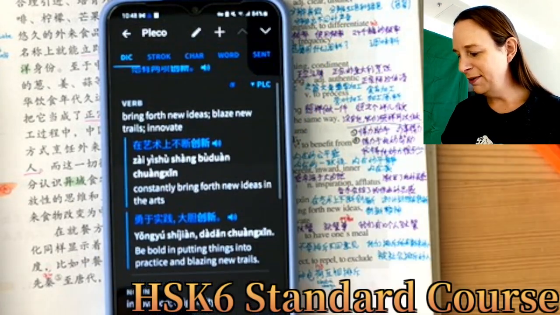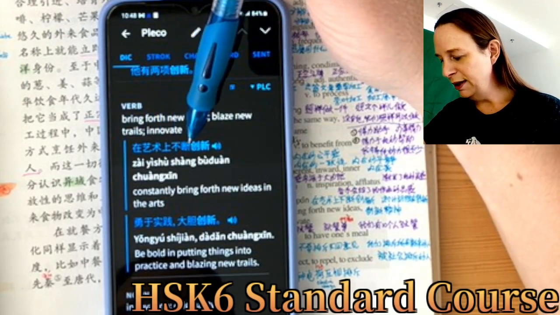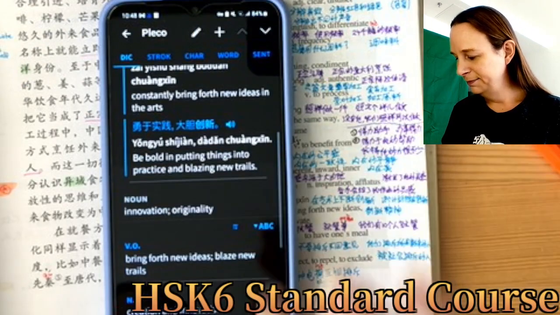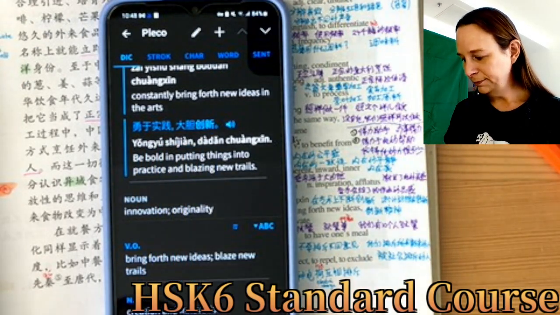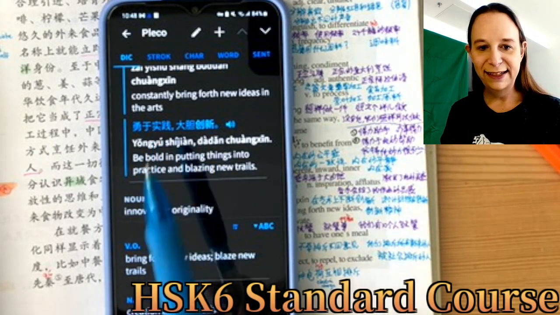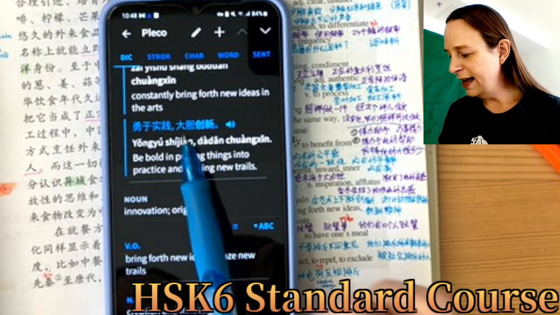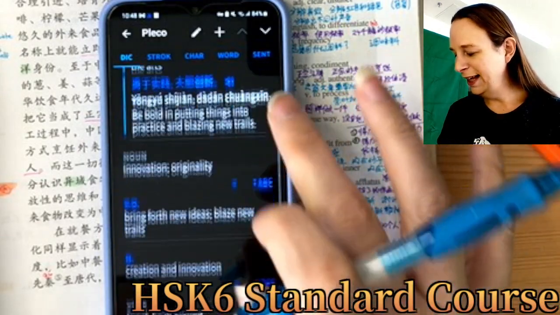Not quite sure where that would be used. 在艺术上不断创新, yeah, constantly innovate in the arts. 勇于实践, 大胆创新. Okay, be brave enough to 实践. This is being used as a verb, so this is put things into practice. 大胆创新, and be bold in your innovation. Boldly innovate.